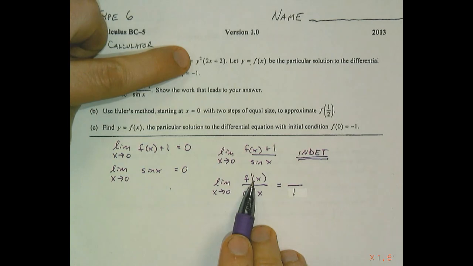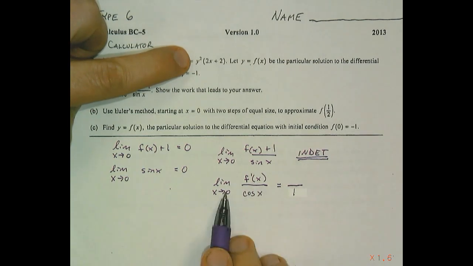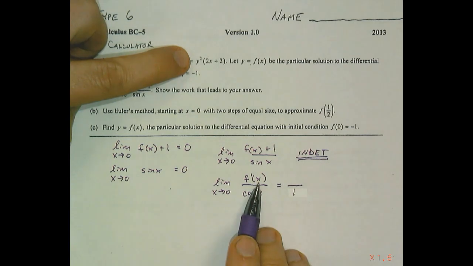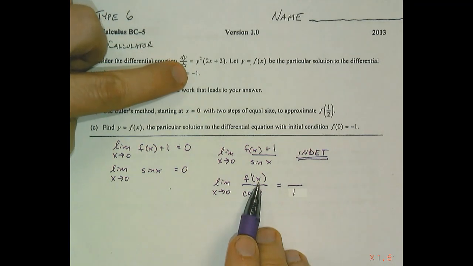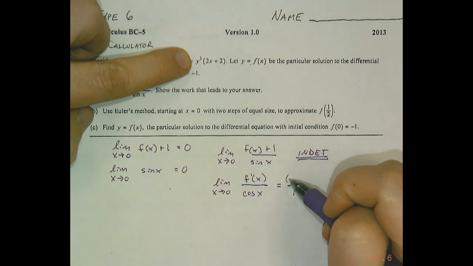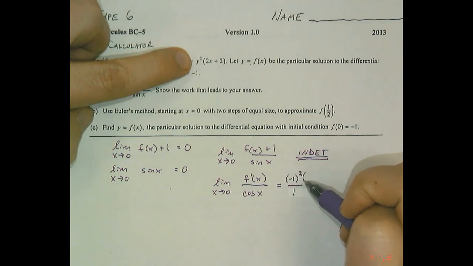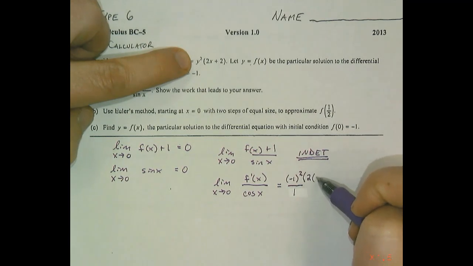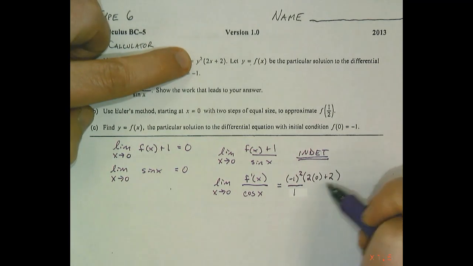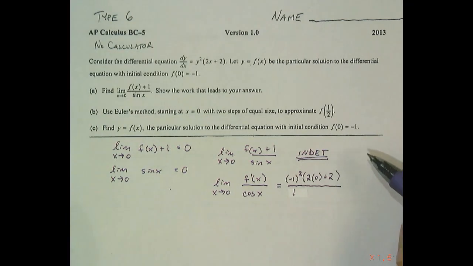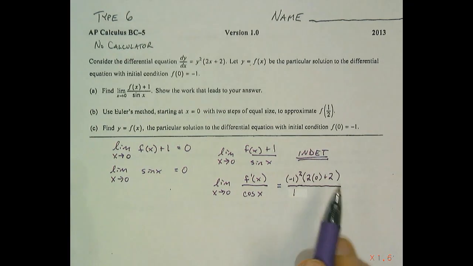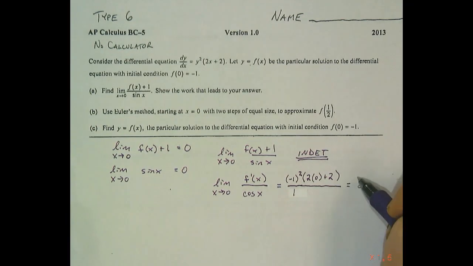That slope equation depends on a y input and an x input, and our x is 0. What is our y value when x is 0? Our y value is -1. So if we stick -1 in for y, we get -1 squared, and we stick 0 in for x. This gives us the value of the limit. That's going to be 1 times 2. The limit after applying L'Hopital's rule is equal to 2.